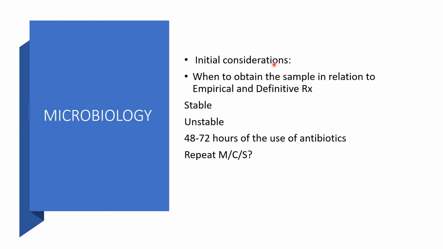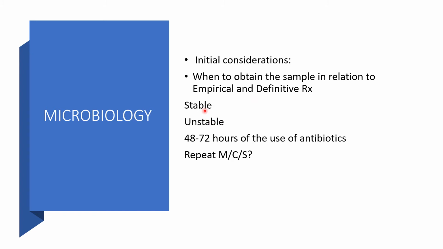The initial considerations. When can we obtain a sample? When we are likely going to embark on empirical treatment or definitive treatment. The first factor is whether the patient is stable or unstable.